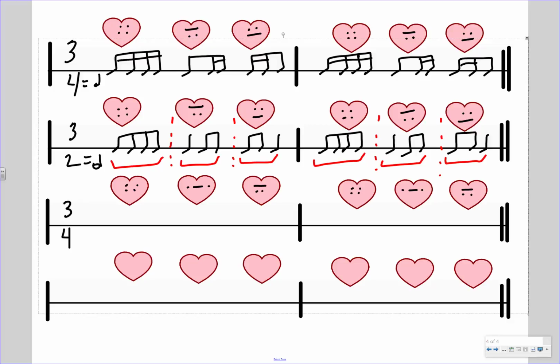Ready, and go. And one more time, ready and go.